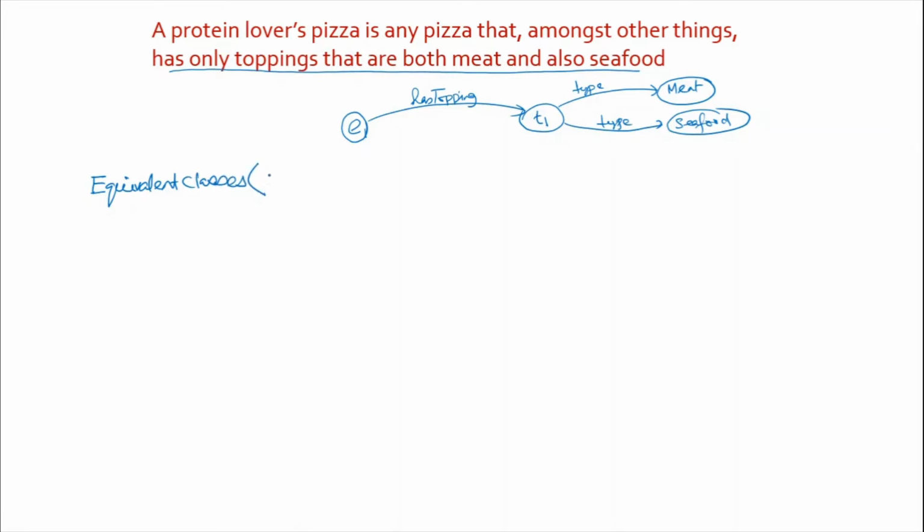And we are defining protein lover pizza, so it is an object intersection of two things: pizza, and we should be using object all values from, because we have "only", right?